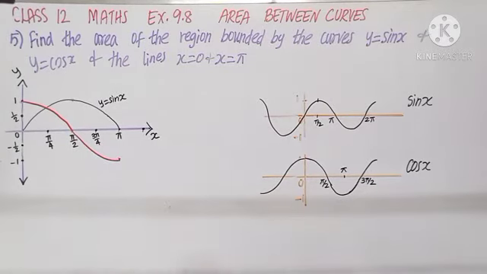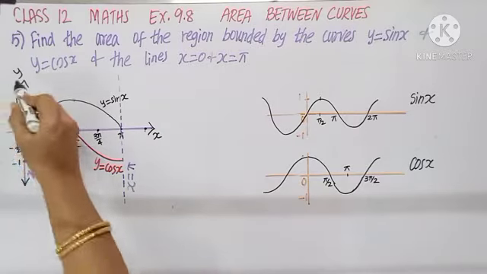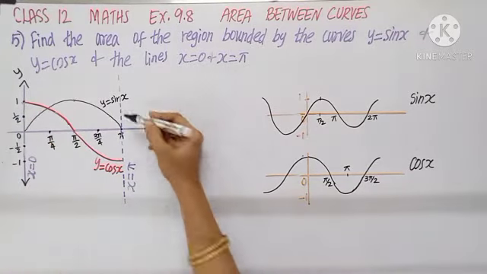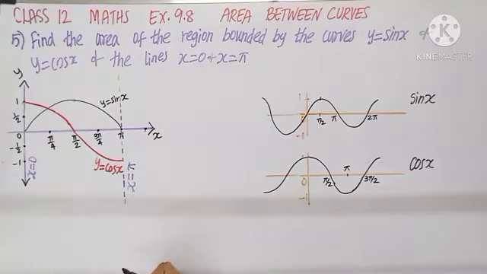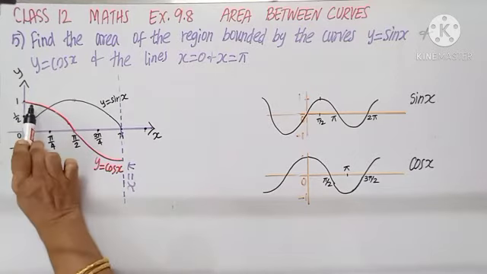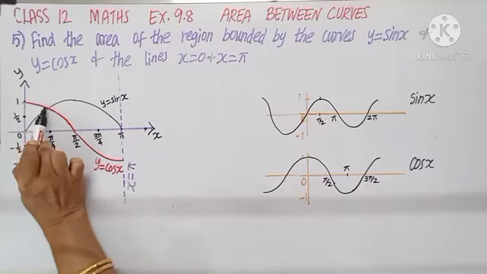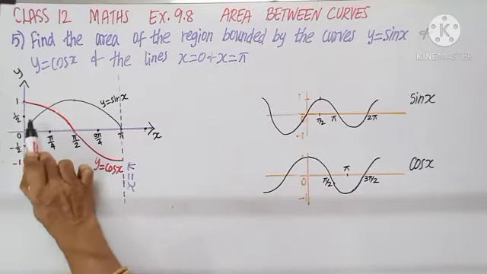My question is to find the area bounded by the curves y equals sin x and y equals cos x, from x equals 0, this line, to x equals pi, this line. As I check the diagram, from 0 to pi by 4, red is above, black is down. That is, cos x is the upper curve, sin x is the lower curve.